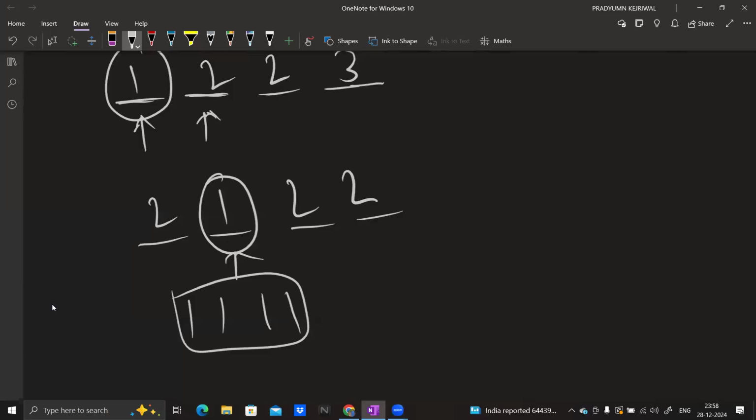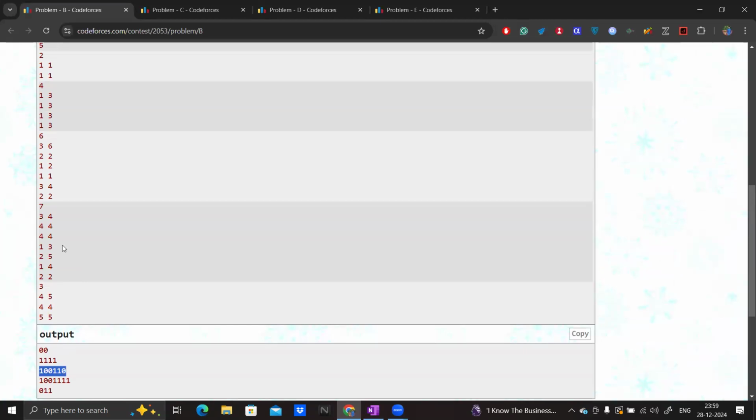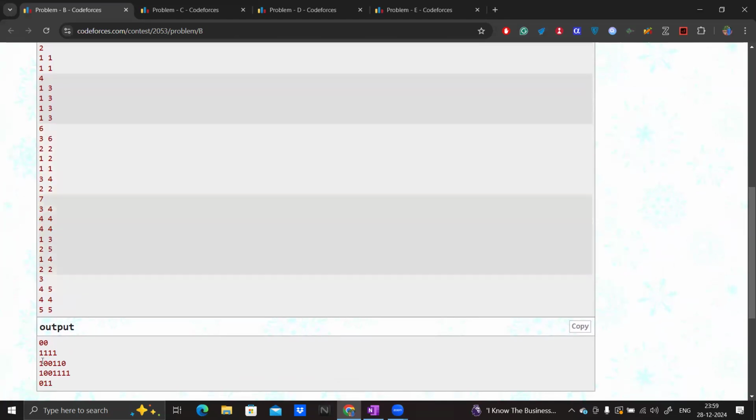The intuition is that you have some intervals, right? Now, I thought about when the answer would be no. So I checked the test cases. Let's say I saw the third one, which is 3 6 2 2 1 2 1 1 3 4 2 2, and I saw that for element number 2, the answer is no. So I wondered, why is it no?